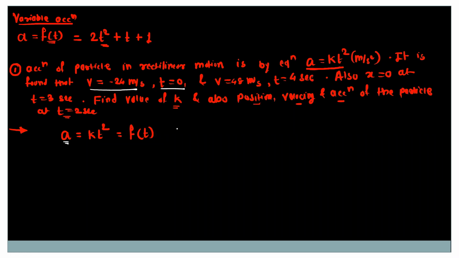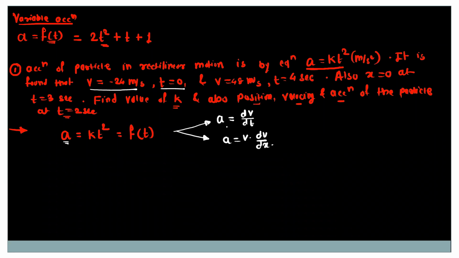Okay, so now refer the standard formula for acceleration. So we have two formulae for the acceleration. So first formula is a is equal to dv by dt. Okay, and second formula a is equal to v into dv by dx.